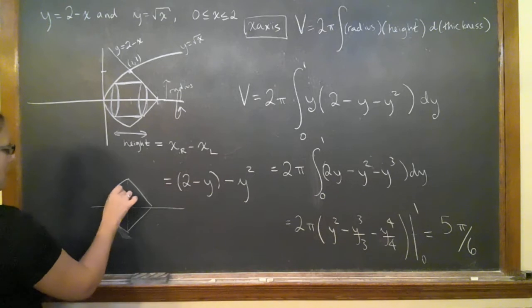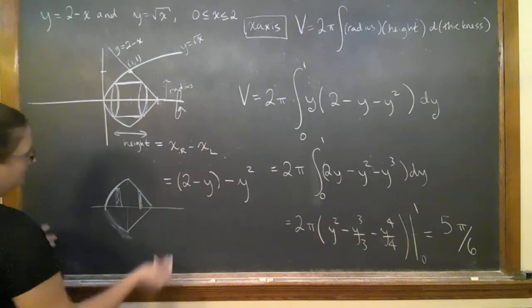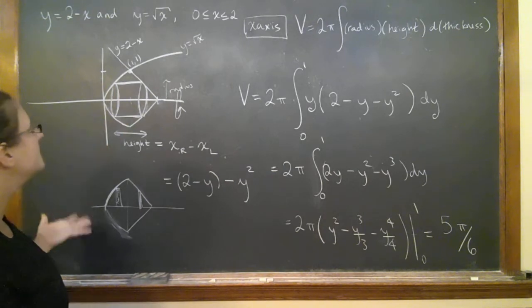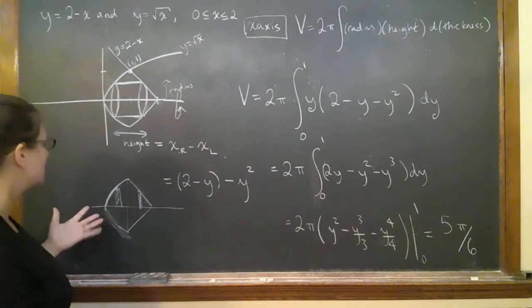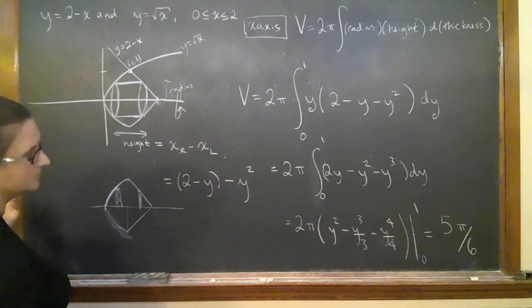Because here I'm going up to this curve, and here I'm going up to this line, and they're different. So the difference is, if I did this with discs, it wouldn't be any more difficult. It would just be set up differently. I would have to set it up as two separate integrals.